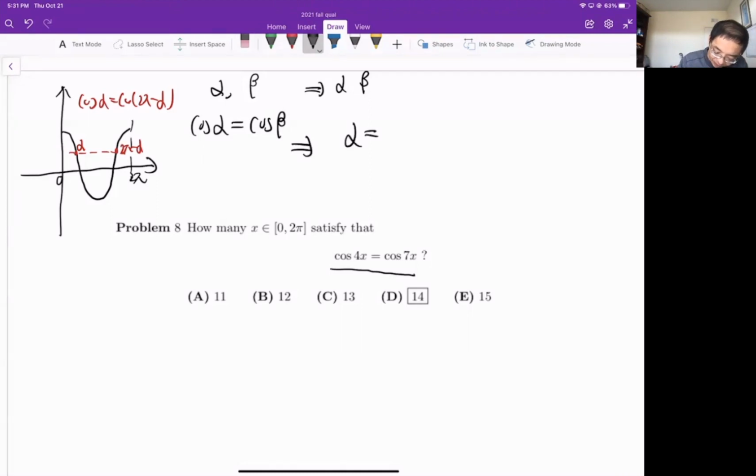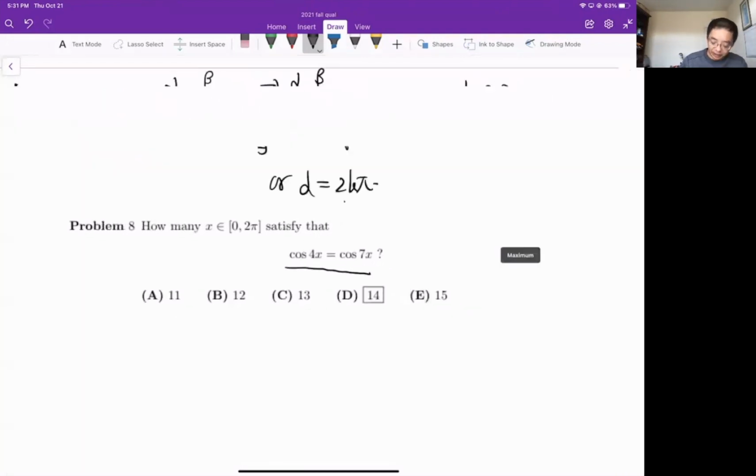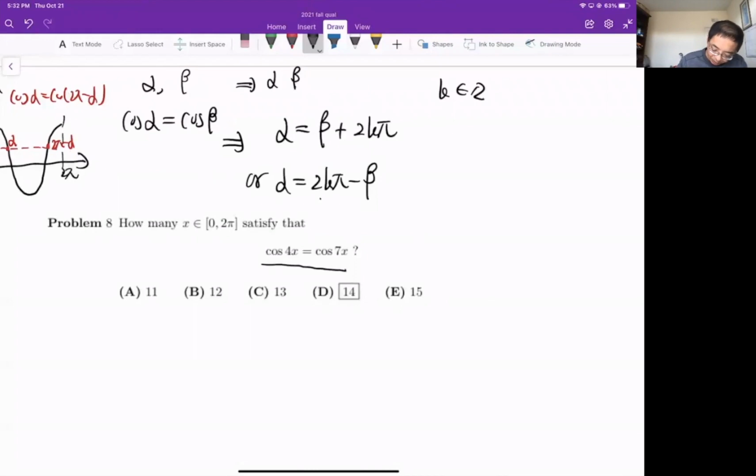Either alpha equals beta plus 2k pi, or alpha equals 2k pi minus beta. Here k is an integer. Equivalently, this means either alpha minus beta equals 2k pi, or alpha plus beta equals 2k pi.